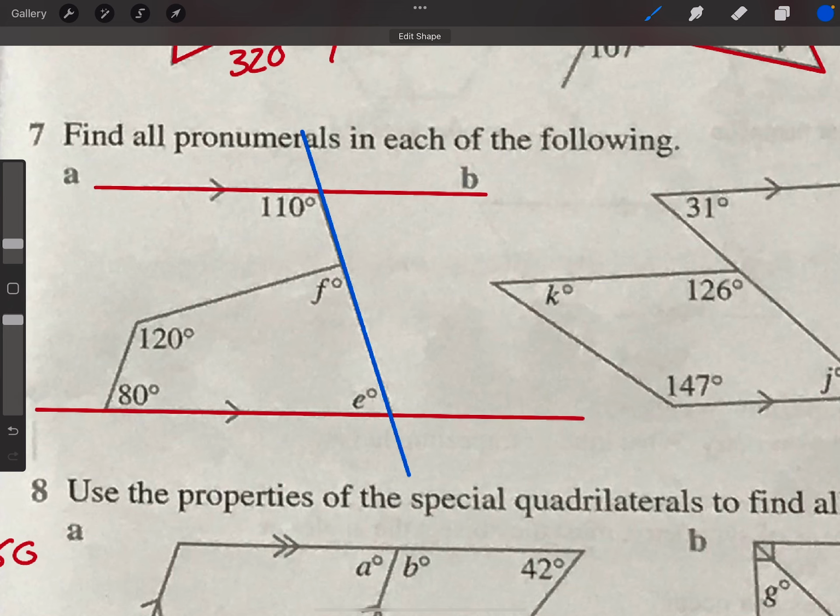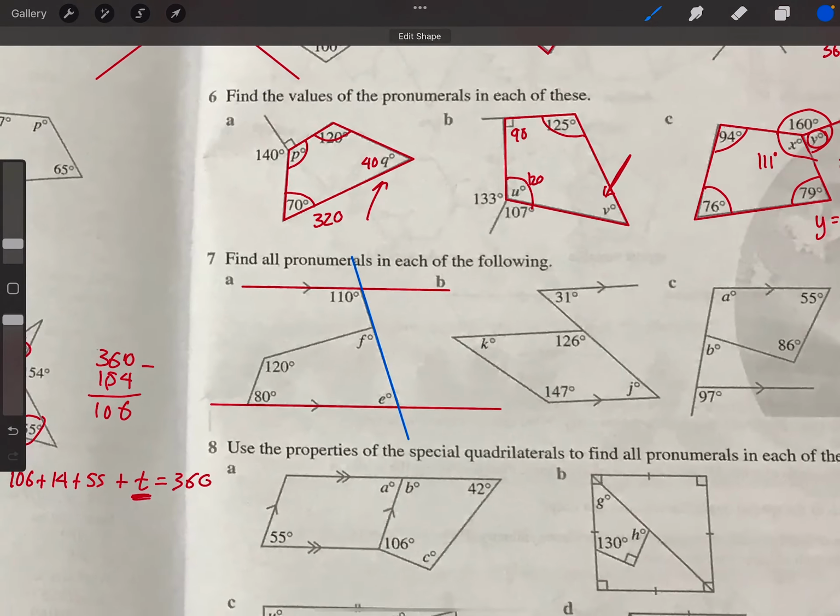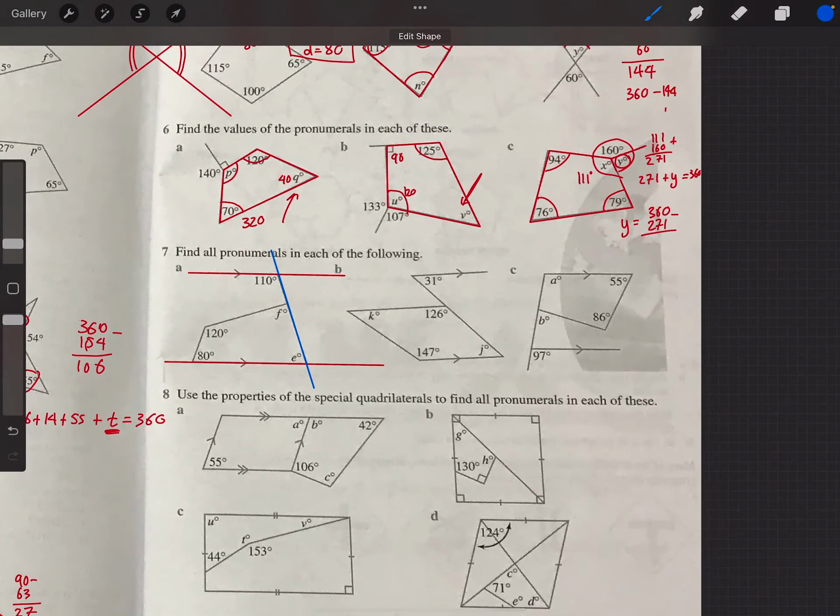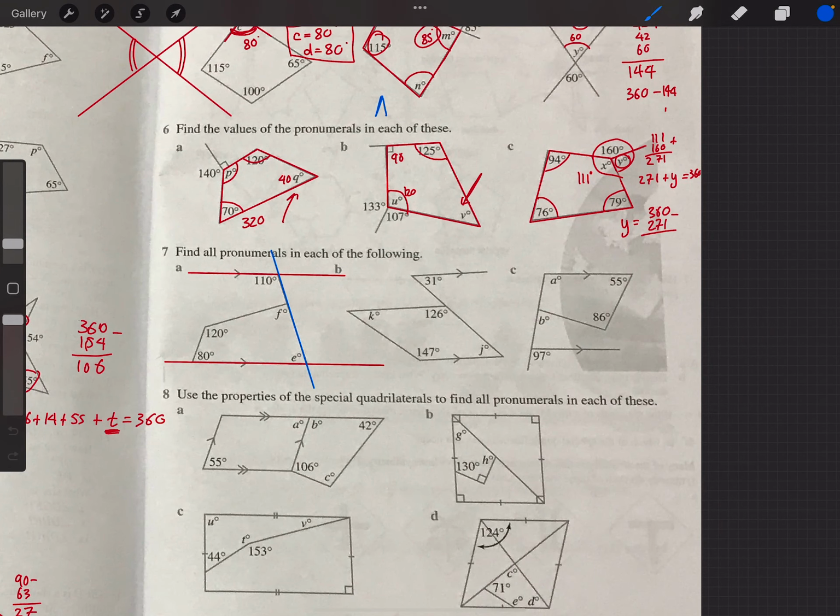Now we have three rules when we have this kind of setup. All the acute angles are the same. All, actually I might write it down somewhere. Okay. So the rules are: all acute angles are the same.